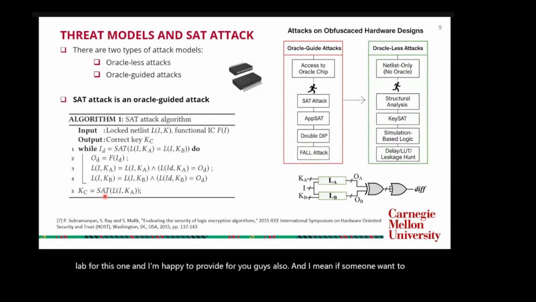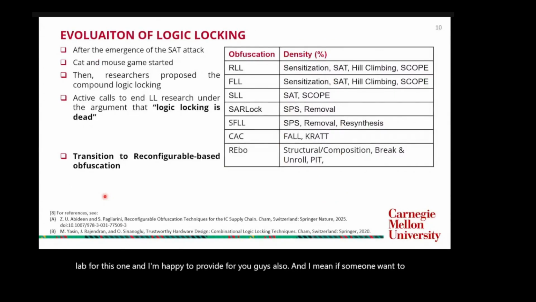So let's move forward. After the SAT attack came, there was a lot of discussion that logic locking is broken, and we should come up with a new idea. What happened in the last decade? There was a burst of techniques. For example, these three techniques were pre-SAT, and after that we have a bunch of techniques: SARLock, SFLL, CAC, and so on, and there were a lot of attacks.